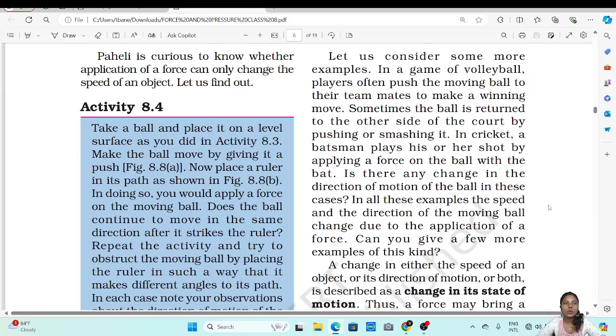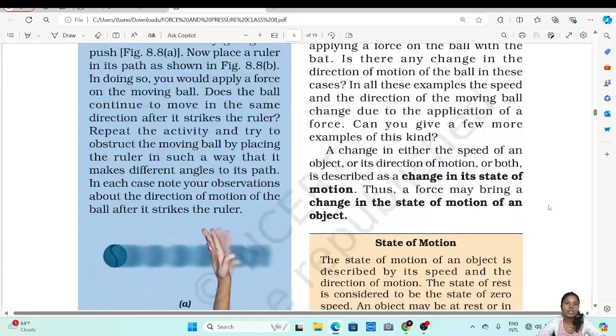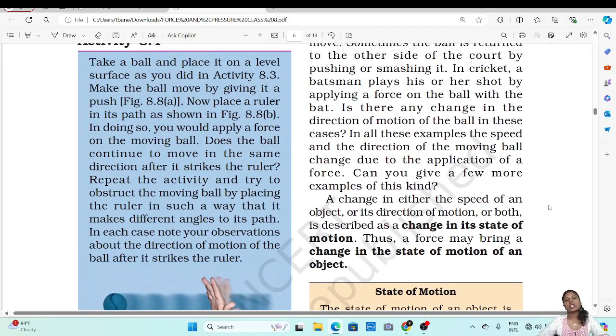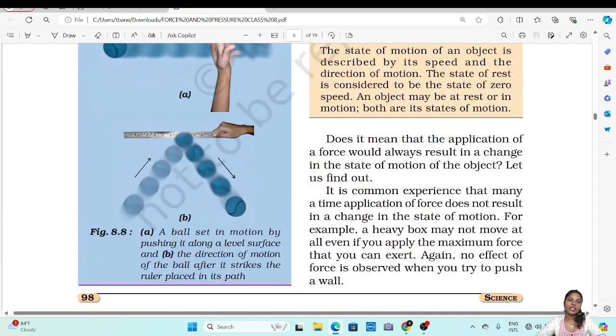Paheli is curious to know whether application of force can only change the speed of an object. Now say you have a ball and you're hitting it, catching it, hitting it, catching it. Now say there's a bouncing ball. You bring a ruler or scale close to it.